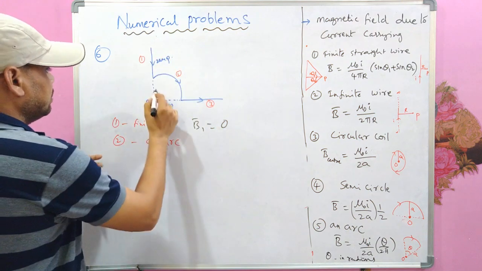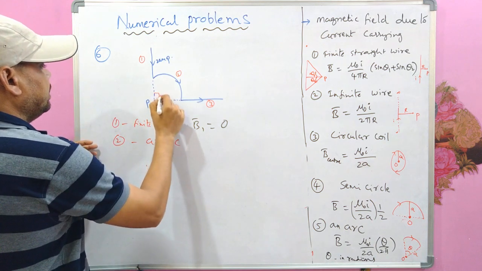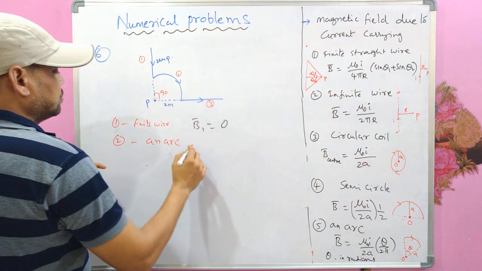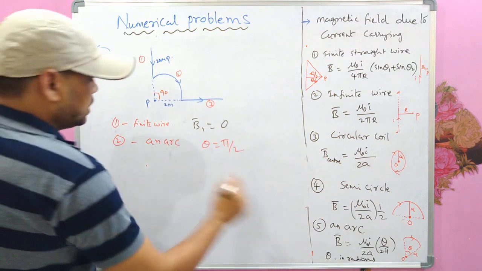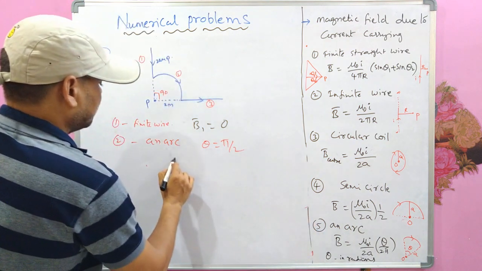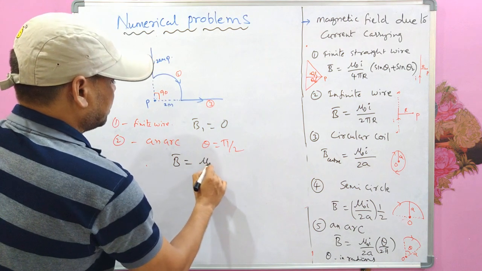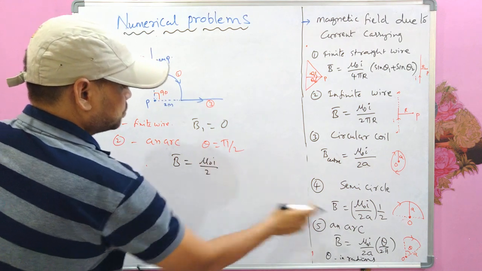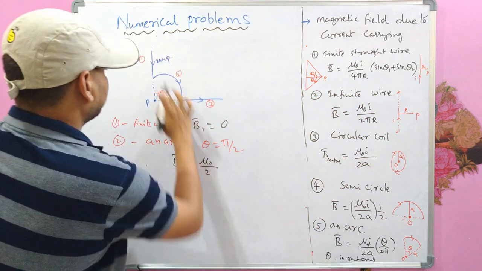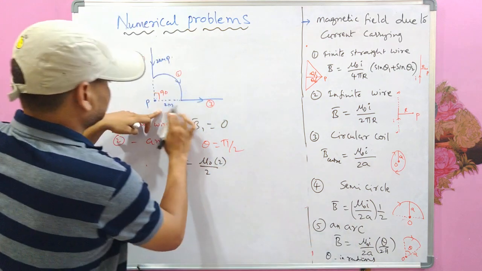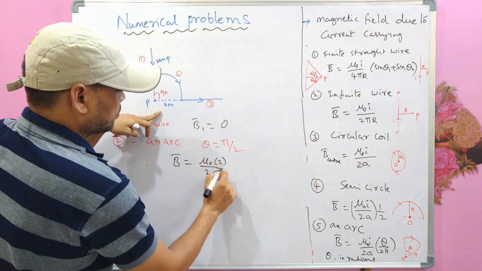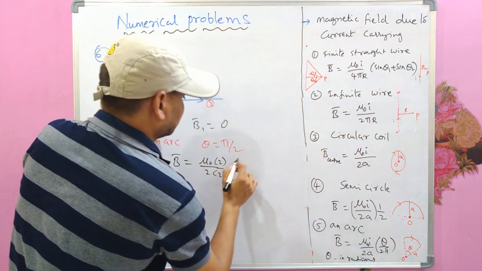What is the angle? This is 90, so theta is pi by 2. So what is the formula for arc? B bar equals mu naught I theta by 4 pi R. What is I here? I is 2 and R is also 2. Here you can see this.